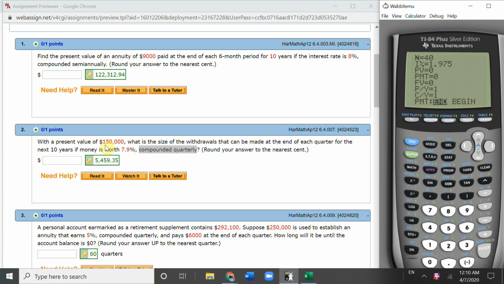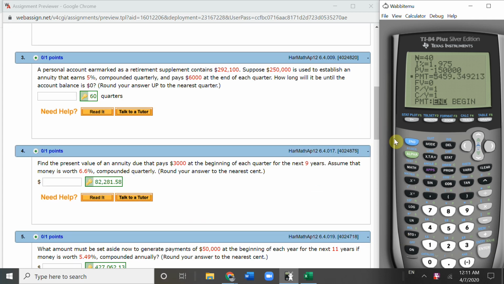Here you withdraw every month, so you get the money. So now you need to go to deposit, so here you enter negative 150000, then go to payment. Here we choose end, and for payment, cover the 0, alpha, enter.